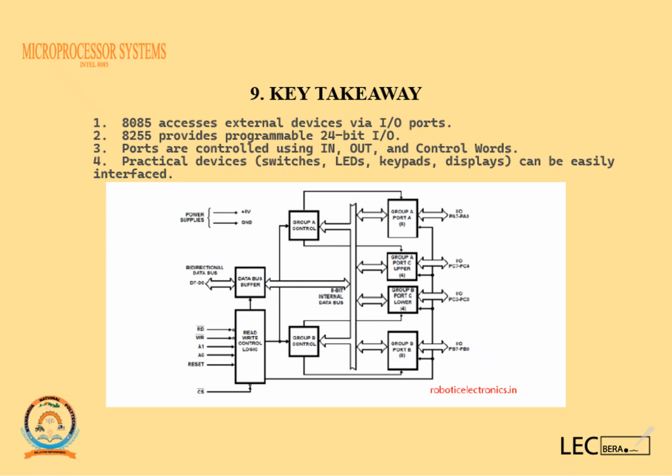So 8255 provides these input-output ports, and we've seen it contains a total of 24 bits, which has been grouped into 3 ports. Each port is going to be 8-bit. Ports are controlled using in, out, and control words. We can send data to the port using the out instruction. We can read data from the port using the in instruction.